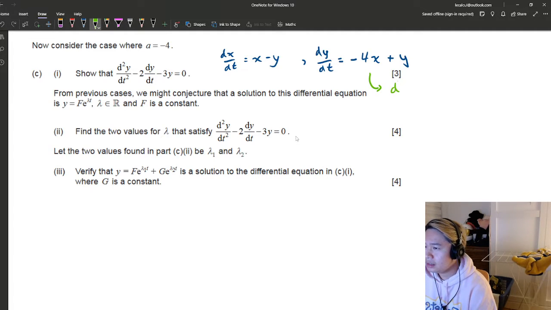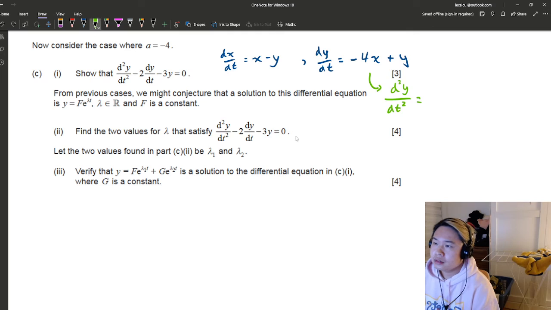So d squared y over dt squared is equal to negative 4 dx over dt plus dy over dt.